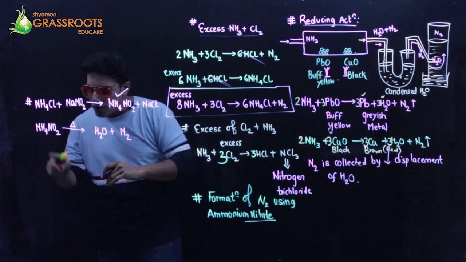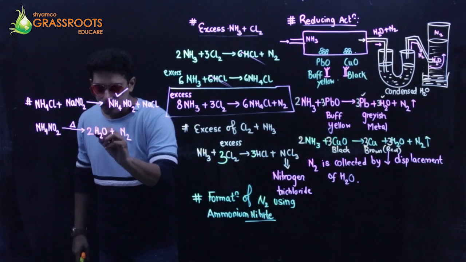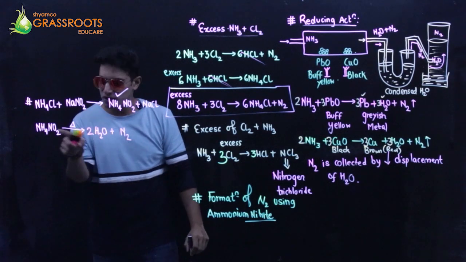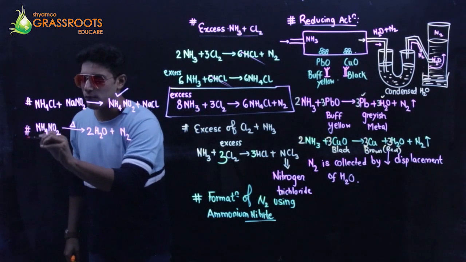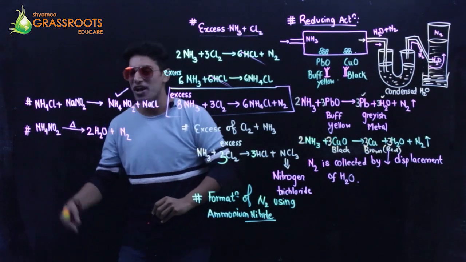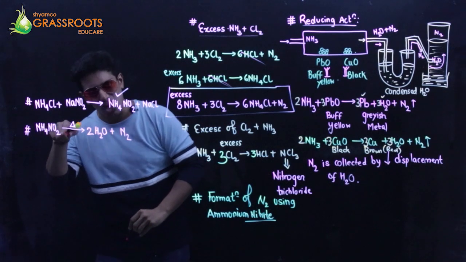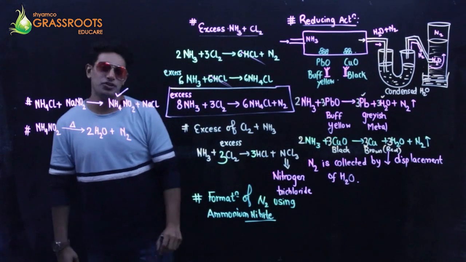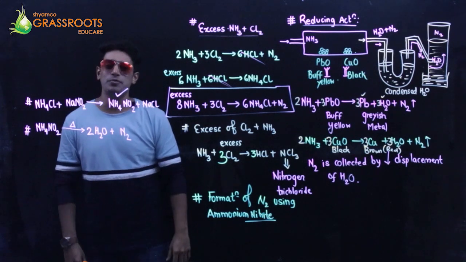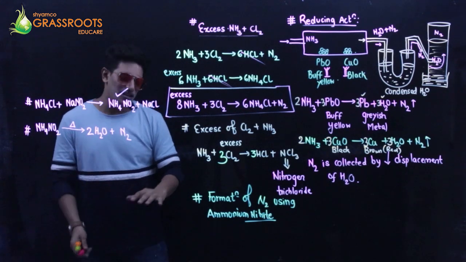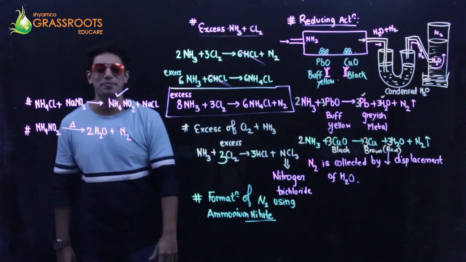Look at this one: 4 hydrogen, 2 oxygen, 2 nitrogen, balanced. So this is the way in which I'm going to decompose ammonium nitrite to get nitrogen gas. Just go through these reactions and then we will attack almost the last portion of the chapter, the chemical properties.